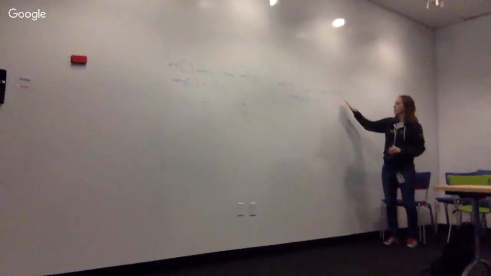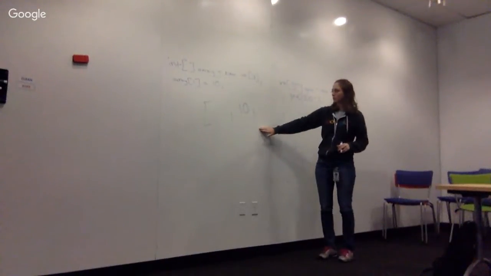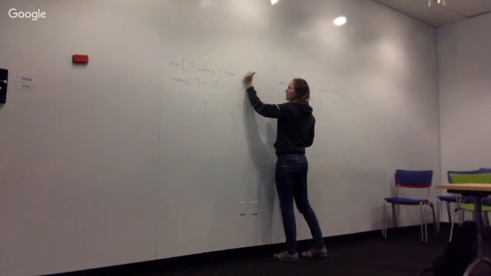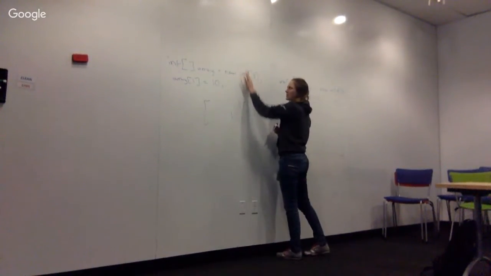So you could make this whatever you want, right? This is implicitly, I guess, int[1][3], but you wouldn't do that. It's just 1-dimensional, right?